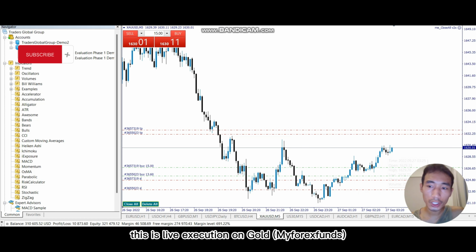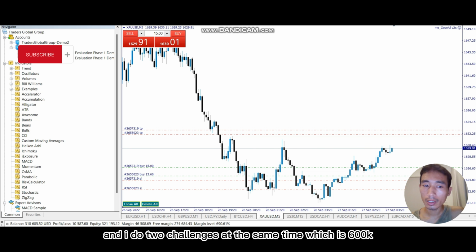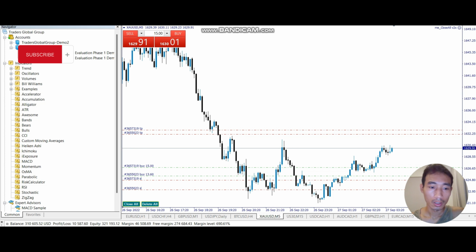This is the slide execution on my Forex Funds 300k account, and I do two challenges at the same time, which is around 600k. The profit target is around 24k, and I am at around 21k already.